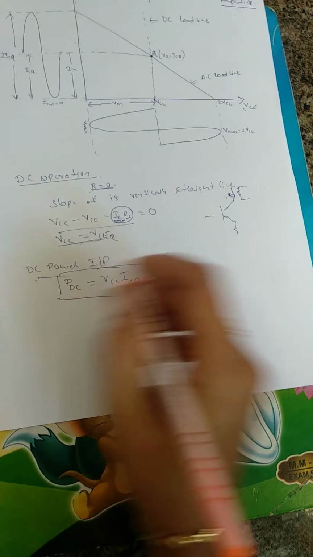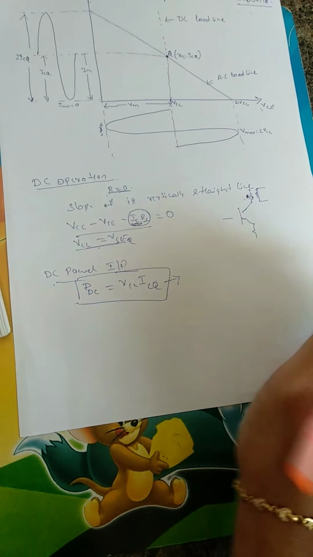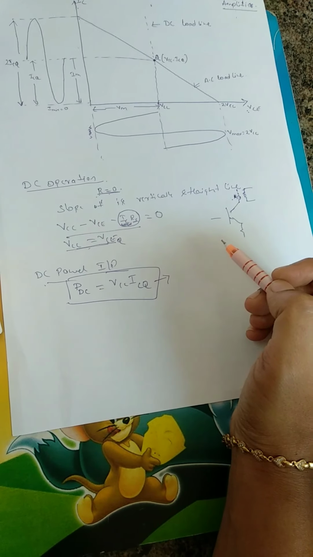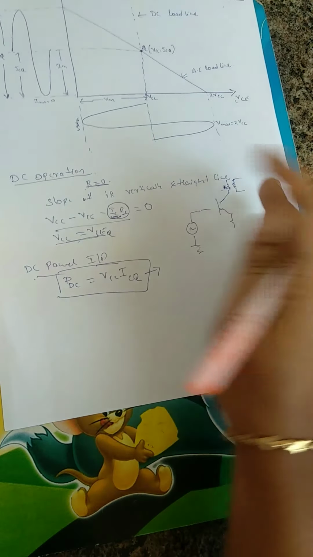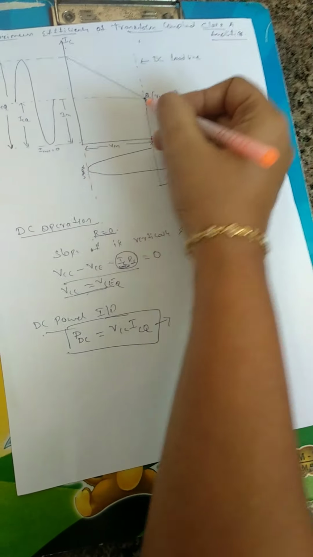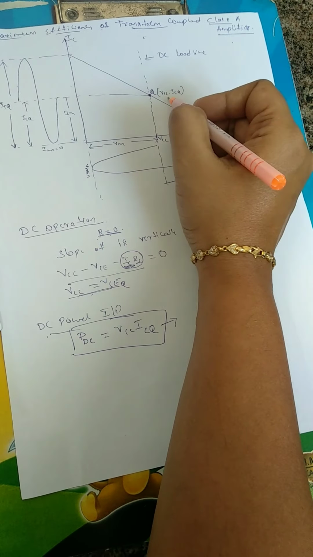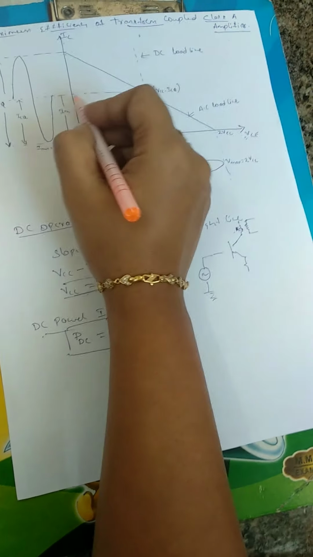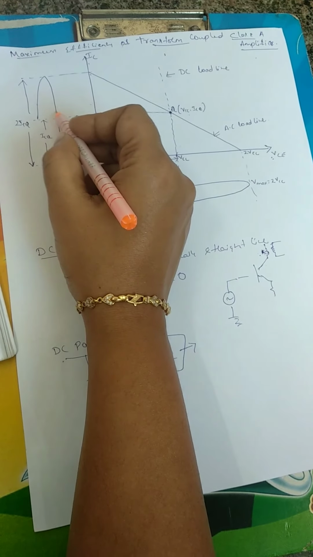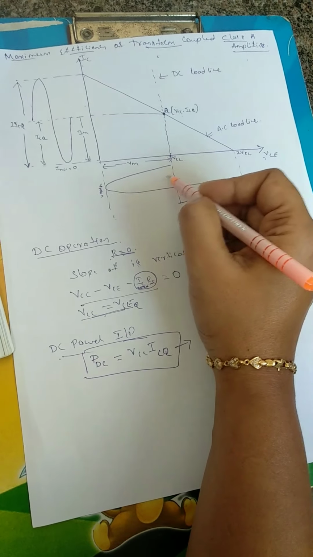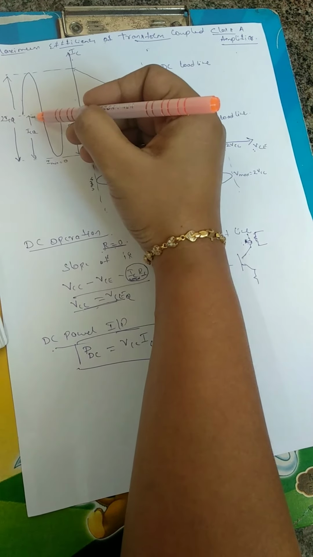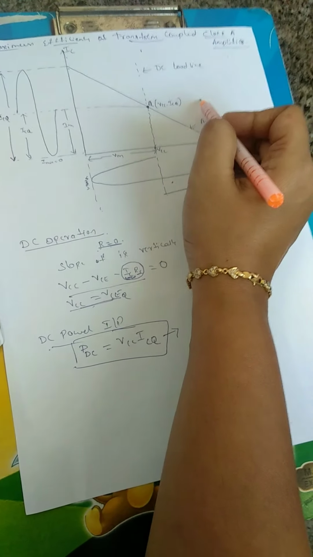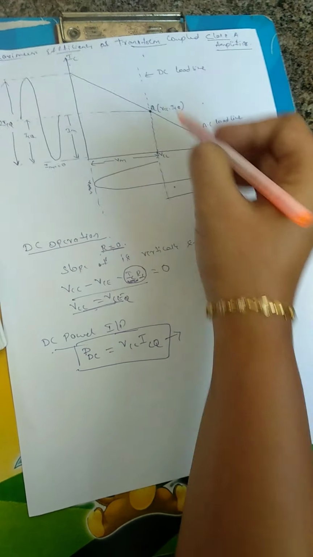When we apply an AC signal at the input, the signal will vary from the Q point, according to the input we are giving. If we keep increasing the input, IB will vary, so IC and VCE will also vary.